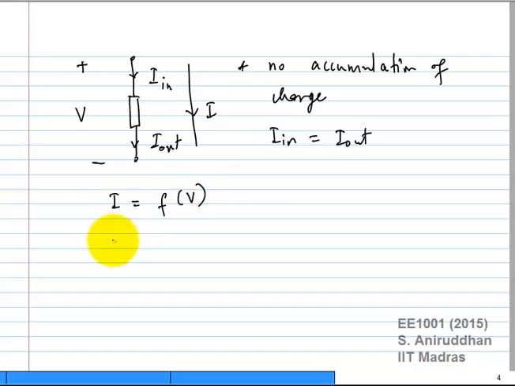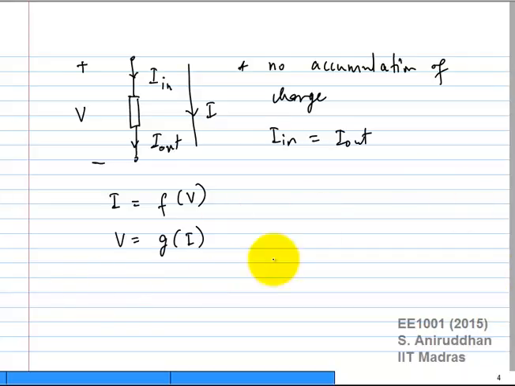It can be represented in either form: the current as a function of the voltage, or the voltage as a function of the current. This may be a linear relationship, this may be a non-linear relationship. At this point we don't know. In fact, there are elements with both kinds of relationships.